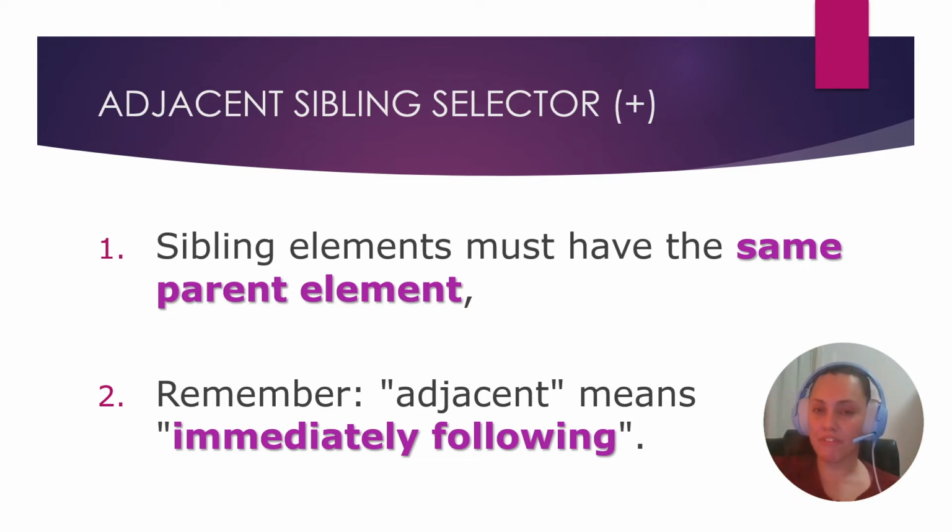So let's think about a family again. If I want to select one of my grandmother's children, okay? If I use my mother as reference, and my mother is the first child, and I use the adjacent sibling selector, I would select only the child that came just after my mother, okay?